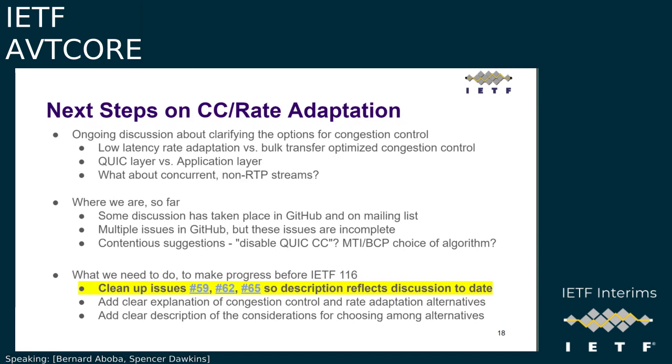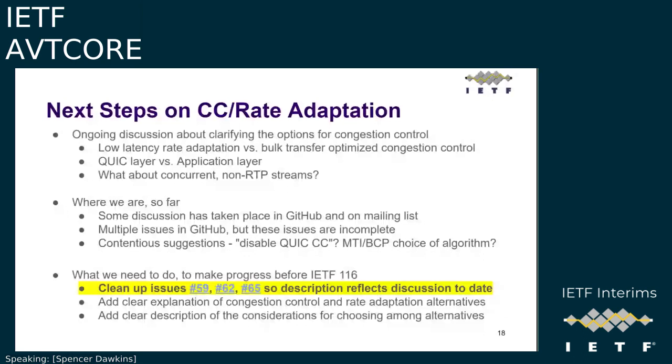So I would say three things, and one of them is that Mattis is also in the queue, so he might want to correct me on this. I think there's two levels of this.